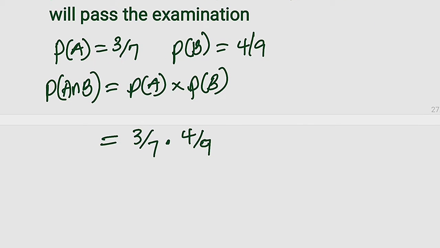Okay, this is 9, sorry. And 3 can divide itself exactly 1 time, and it can divide 9 exactly 3 times. So to the top we have 1 times 4, which is 4, and to the bottom we have 7 times 3, which is 21. And hence the probability is 4 divided by 21.